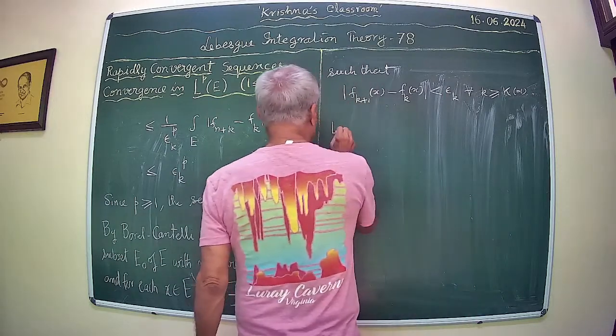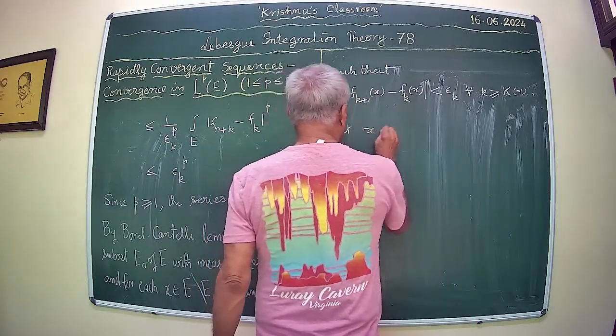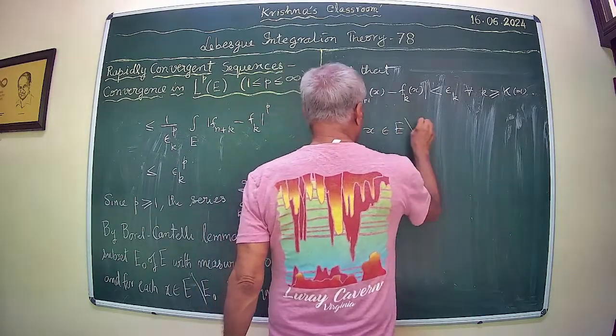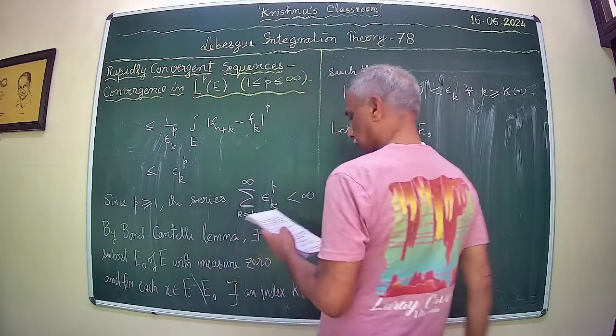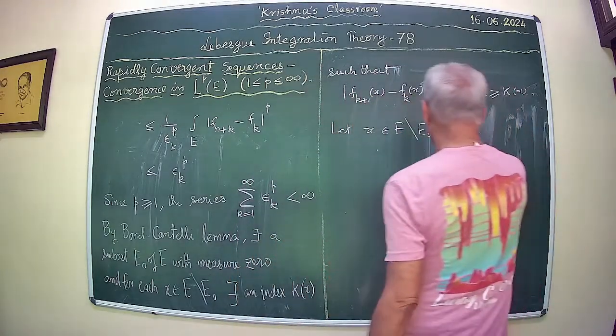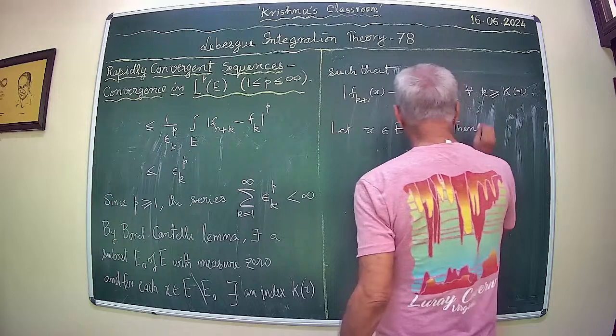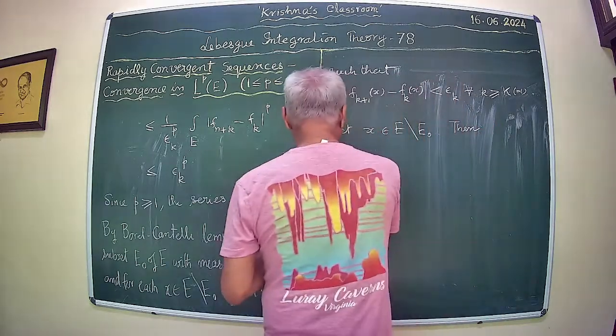So let x belong to E slash E naught, then what we have is the following.